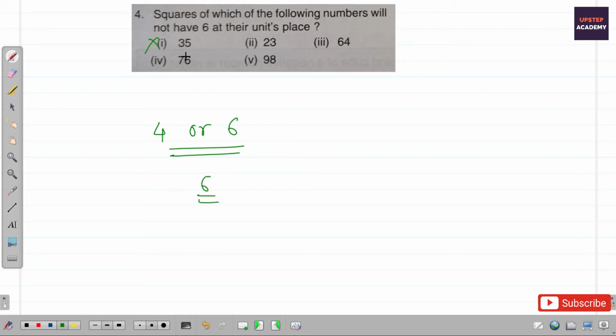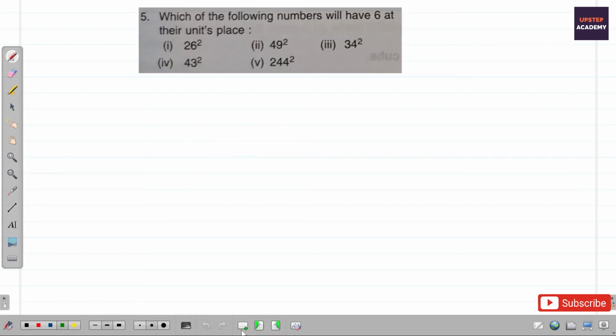So here this number will not have 6 at the units place. This number's square will also not have 6. This number's square will definitely have 6 at the units place. This number's square will also have 6 at the units place, and this number's square will not have 6 at the units place because 6 or 4 is not present at the units place of the given number.